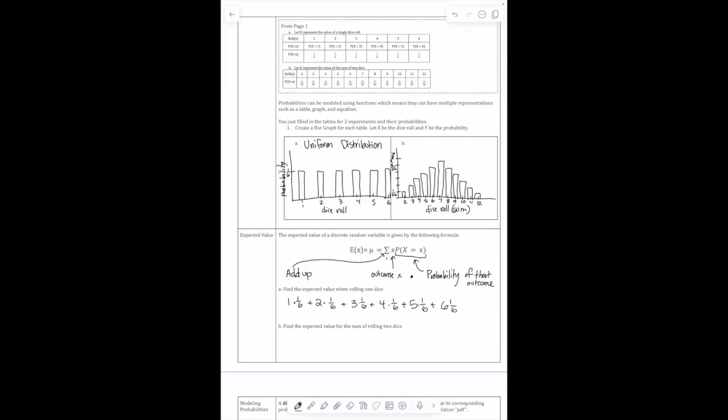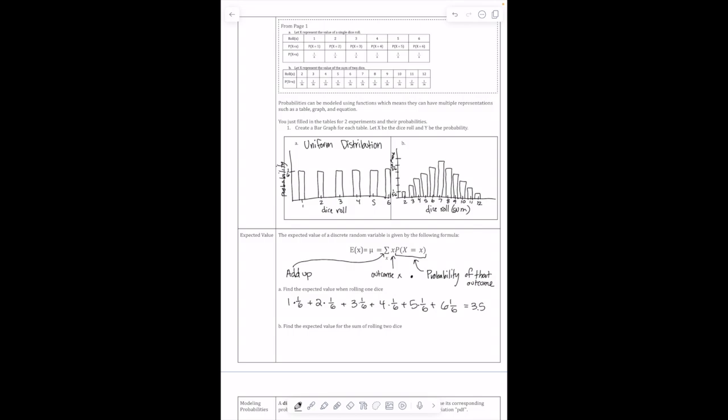So I am getting 3.5 when I do that, which if we think through, that makes sense because we should expect to roll a 1, 2, 3, 4, 5, and 6 all one time. And then we divide by 6. So we'd get the same thing if we just did 1 plus 2 plus 3 plus 4 plus 5 plus 6 divided by 6. And yep, still 3.5. Okay, so that's the expected value for that one.